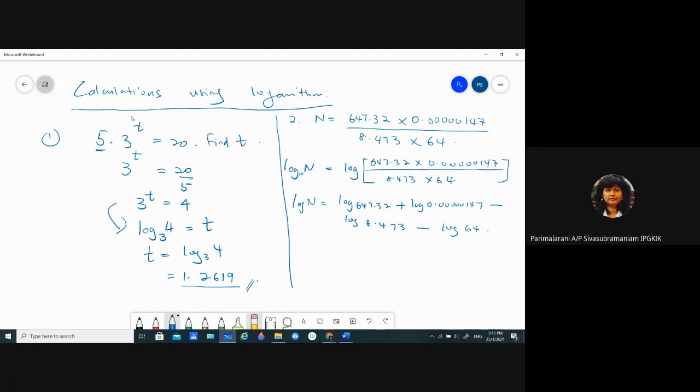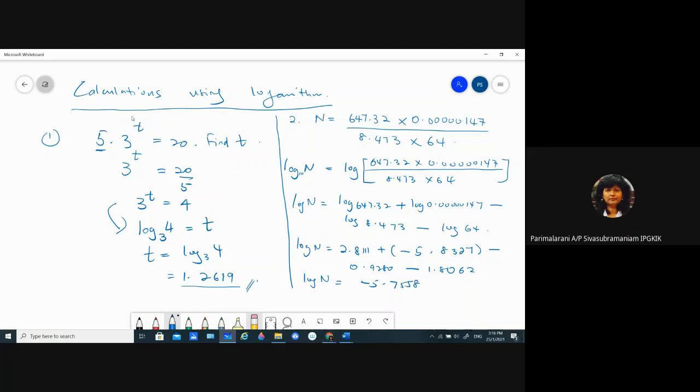So from here, if you use your calculators to find the values of all these, you can check with me now if these values are correct. This is negative 5.8327 minus 0.9280 minus 1.8062. So from here you get log n is equals to negative 5.7558.